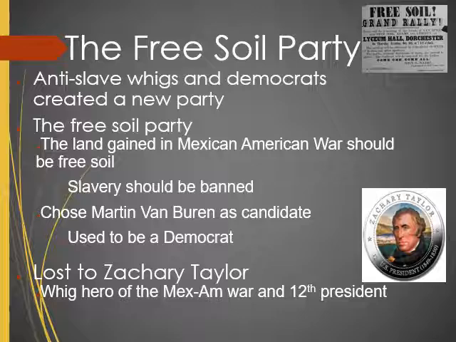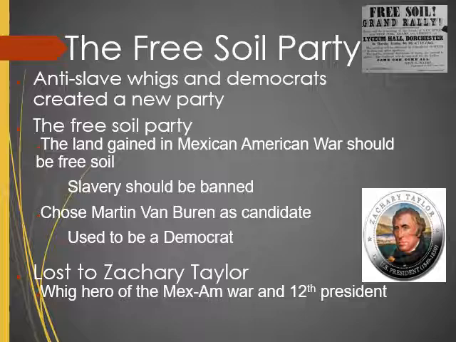Remember this guy, who was the 8th president, who was left in a bad situation by Andrew Jackson, and the Panic of 1837 happened, and he just looked bad, even though he really didn't do much that was bad. Okay, he used to be a Democrat, but he had joined on as a free soiler as well. And so he ran for president, but he did lose to a Whig man named Zachary Taylor.